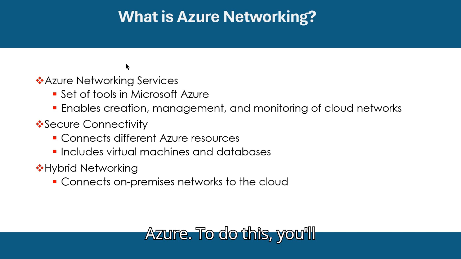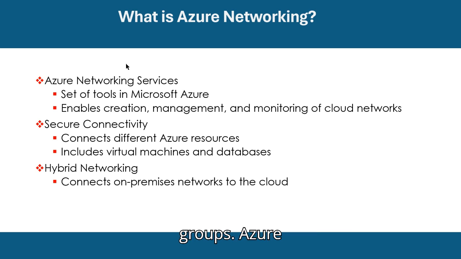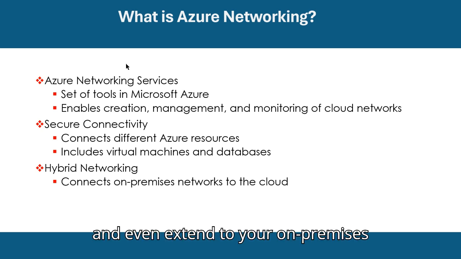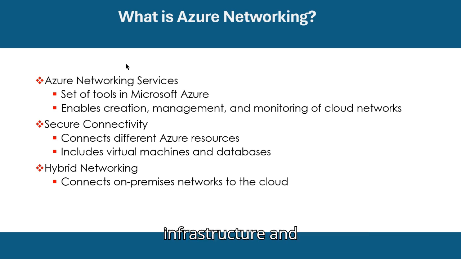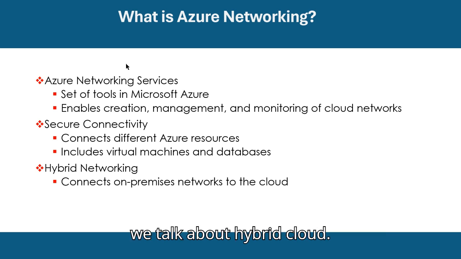To do this, you'll be making use of network security groups. Azure Networking allows you to securely connect resources in Azure and even extend to your on-premises infrastructure and other cloud environments. So that's where we talk about hybrid cloud or multi-cloud environment.